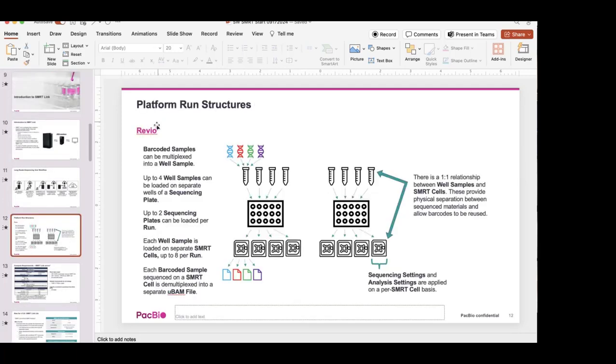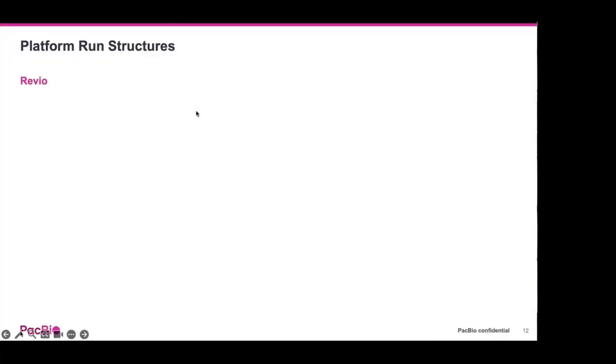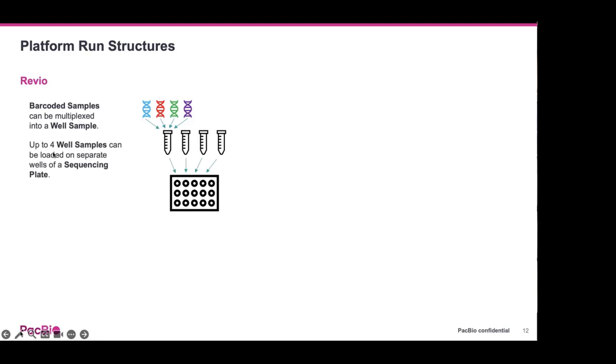Looking at the run structure for Revio is a little different. Okay, so it's somewhat similar to Onso here. You have barcoded samples that get multiplexed into what we call a well sample. Each well sample gets loaded onto the sequencing plate in a separate well.